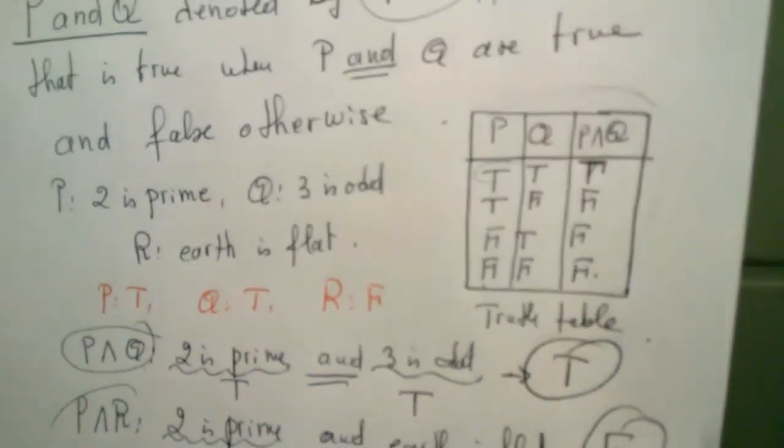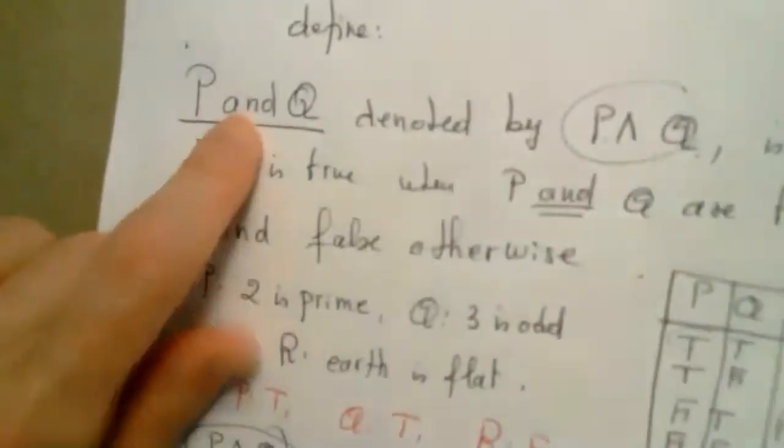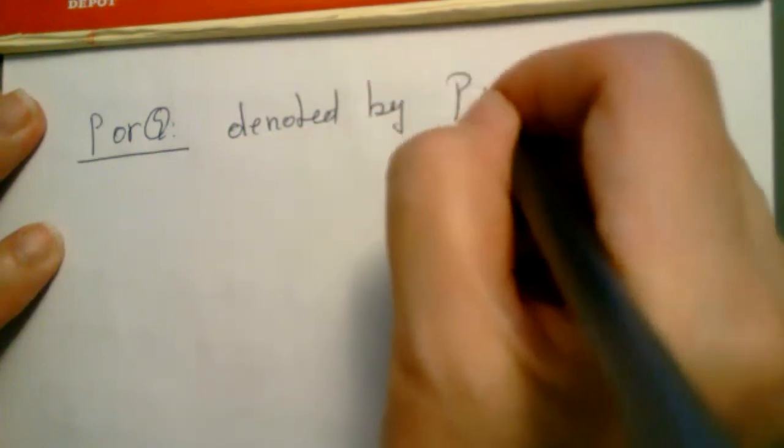Now, we can construct another statement, of course, so that's the P and Q. Now, another statement is P or R. So we're going to construct another one, and I have to tell you when this new one is true and false. So P or Q, denoted by P or Q, should remind you a little bit of the union.